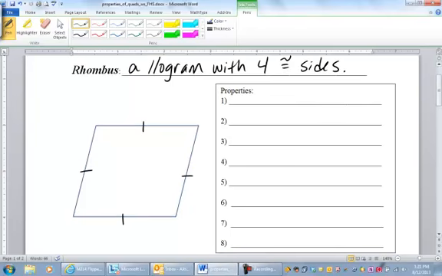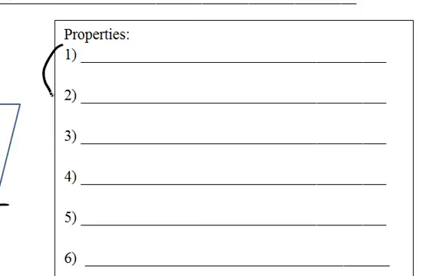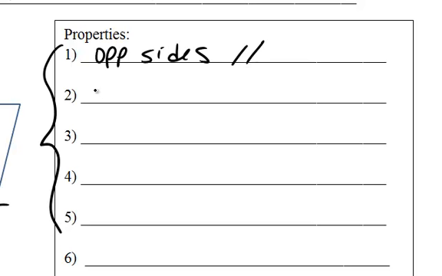And the hard part is probably trying to remember all 5 of the properties of parallelograms, and then doing a little bit more specific. There's 3 additional ones that are specific to a rhombus. So remember, these 5 are all parallelogram properties. So what are those properties? Opposite sides are parallel. Opposite sides are congruent.